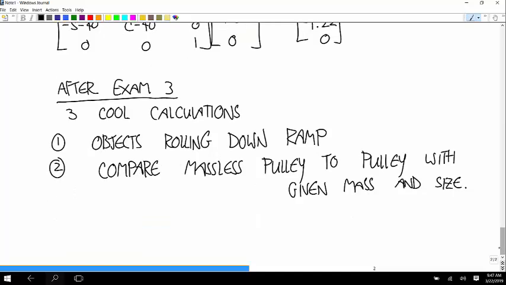And then the third one is Pinewood Derby, which is just a chunk with a given mass that's resting on wheels with a given size and given mass. And we're going to see how all of these variables relate.